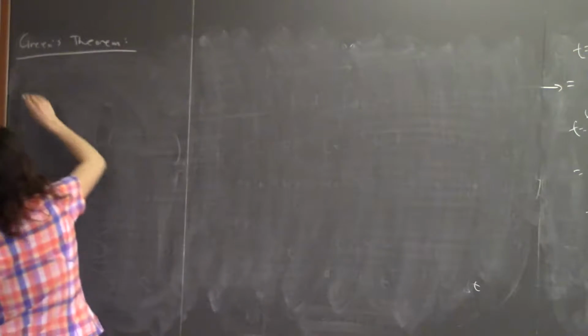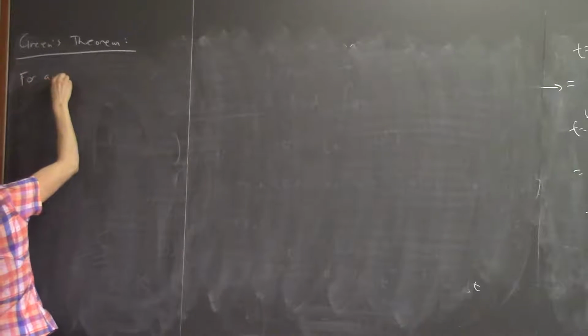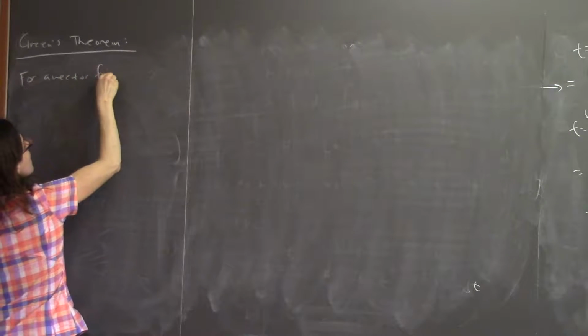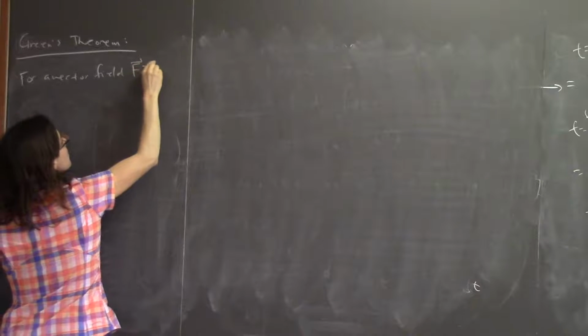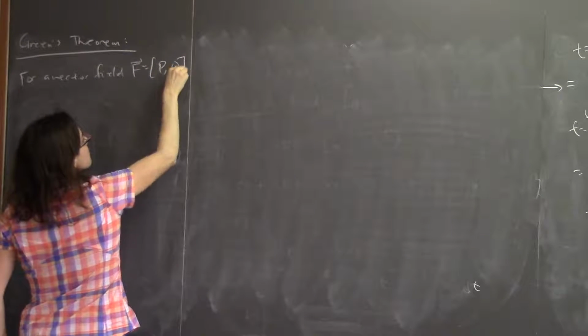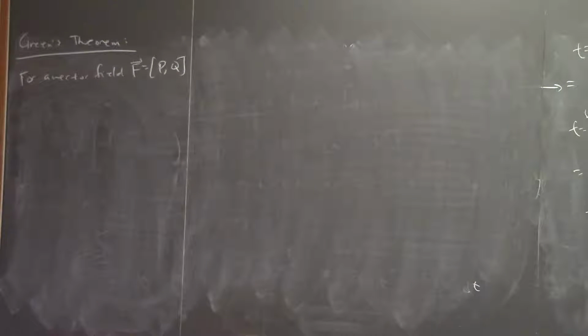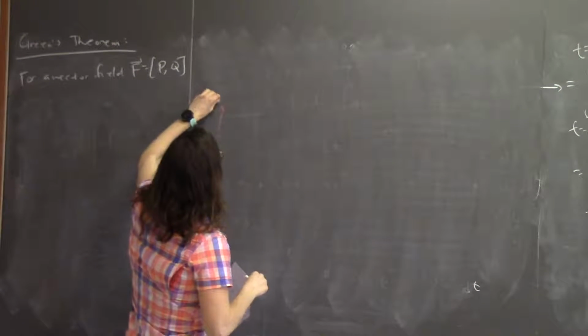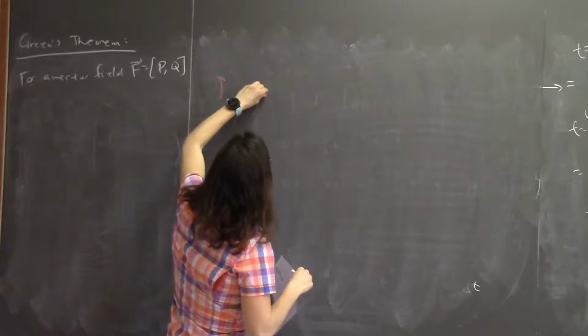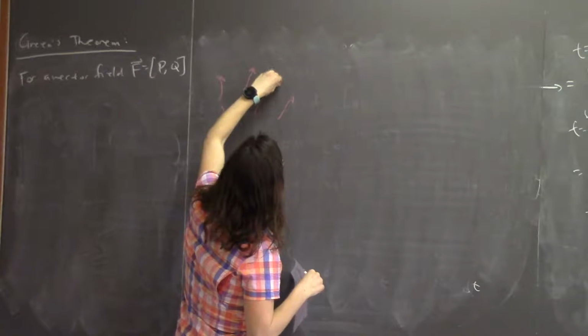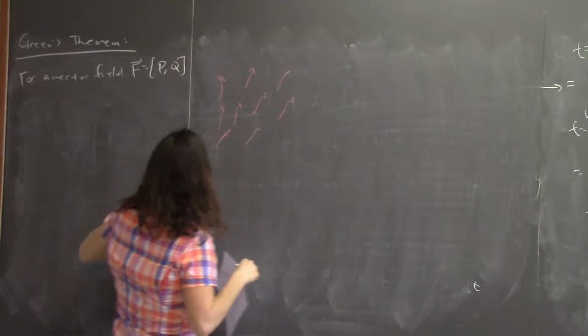Okay, so for vector field F, which is P comma Q, those are both probably functions of x and y. So we can draw our vector field so that we have something to think about. So here's our vector field. Who knows what it's doing? It's doing something.